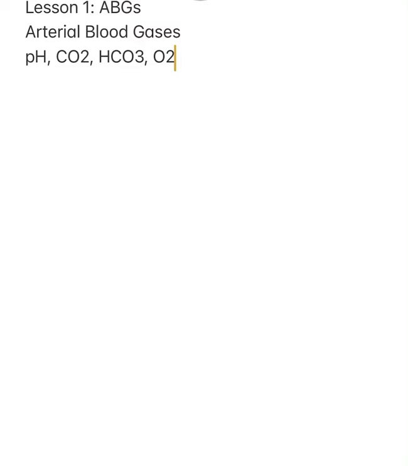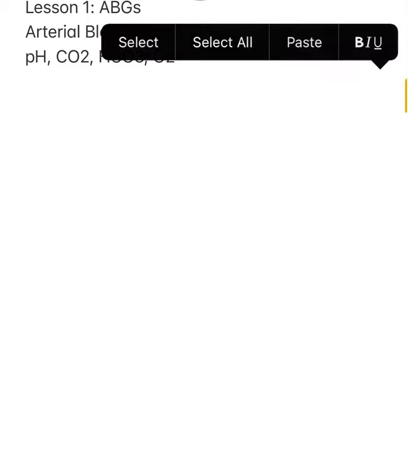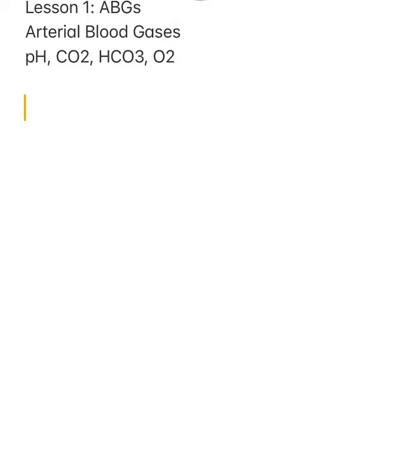So, first off, the normal pH is 7.35 to 7.45. The way I remember the normal CO2 is by remembering the pH.